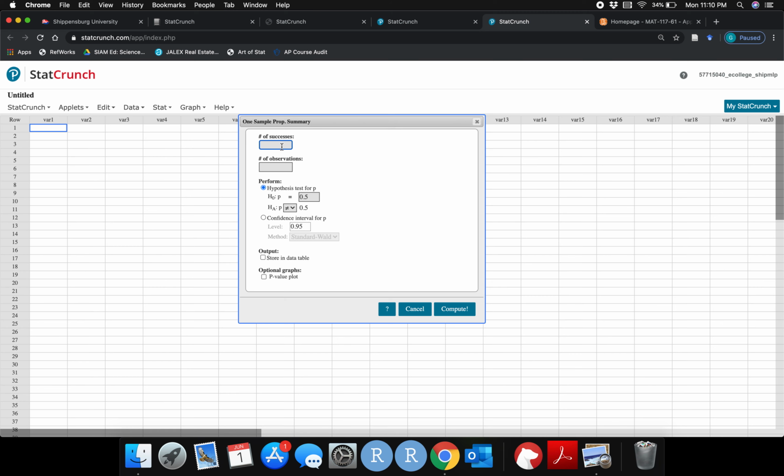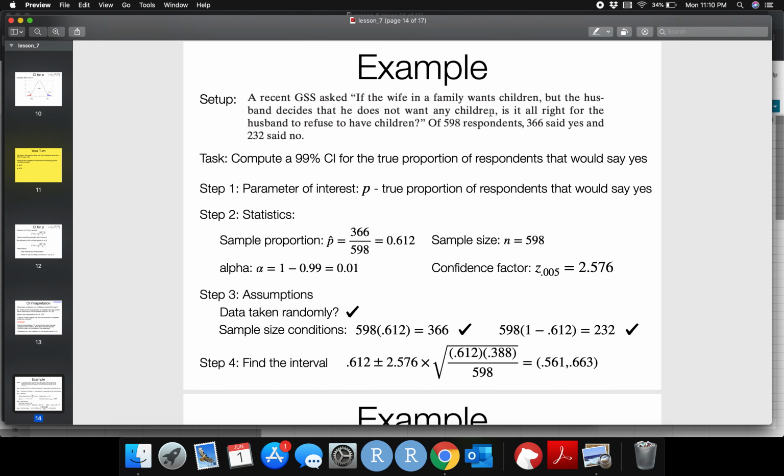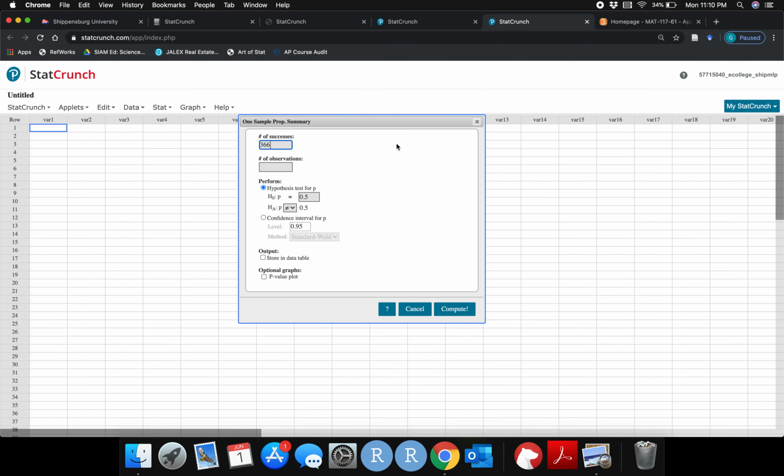The number of successes, for instance, in this question, is 366. It would be the number of people who said yes here. It's considered a success for us because we're interested in the proportion of respondents who would say yes. A yes is a success to us. So number of successes is 366. Number of observations is the sample size, 598.